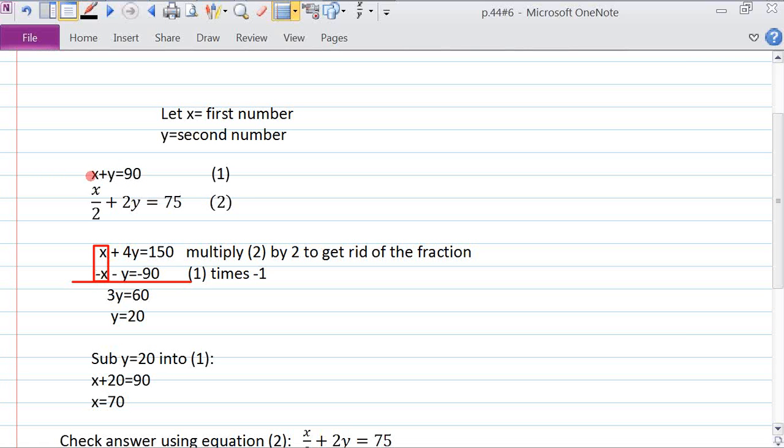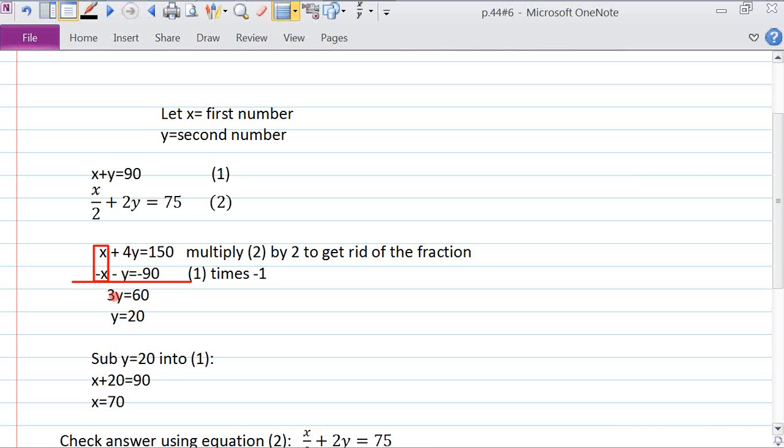So I'm going to put each term here: minus 1 times x gives me minus x, minus 1 times plus y gives me minus y, and minus 1 times 90 gives me minus 90. Now, when I add these two equations, they will eliminate the x.